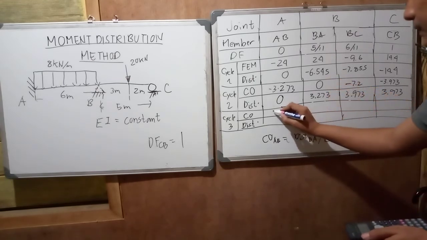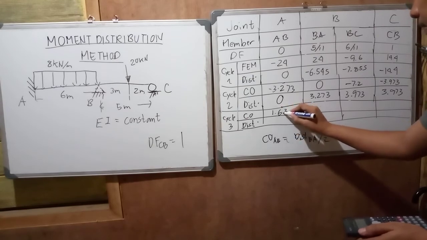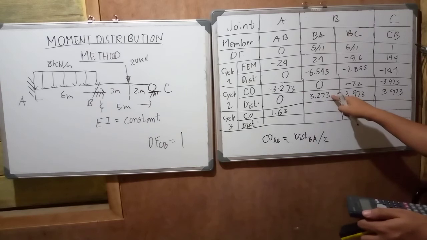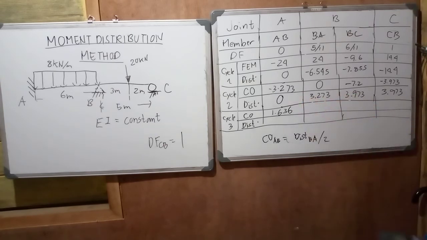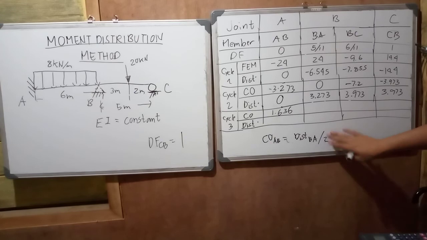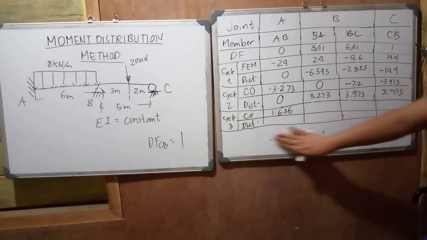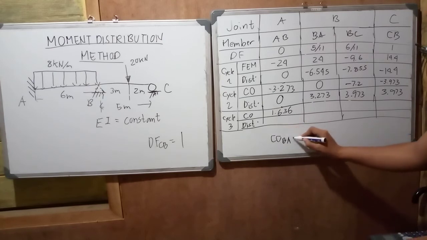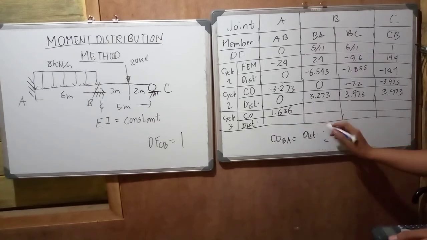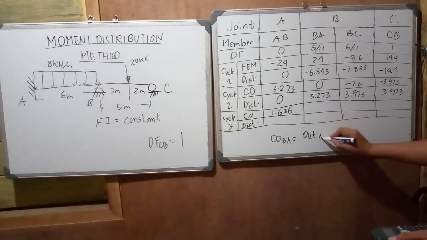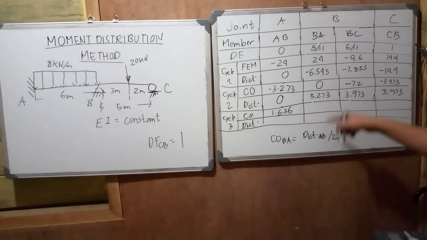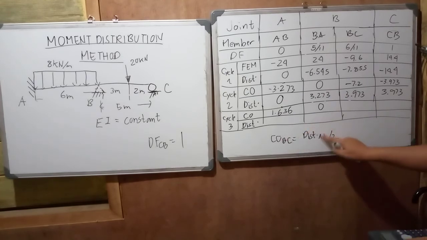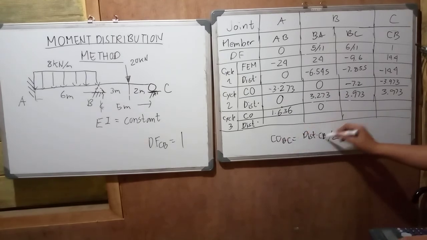Alright. So, this is 1.63, kasi nag-end to kanina 27272 eh. So, dapat 1.636 lang to. Okay? So, and then, ito, carryover moment at BA is equivalent to distribution at AB, yung kabaliktaran niya ng pangalan, over 2. So, 0. Kay BC, is equal to distribution at CB over 2. Okay.